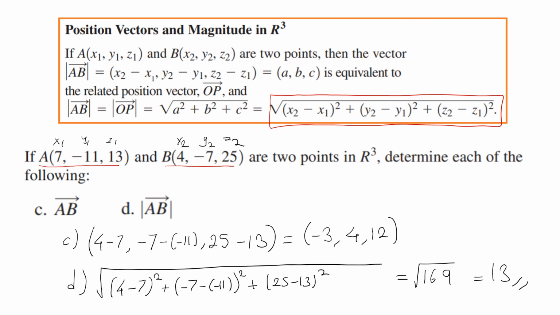Also realize that previously in C, we actually found what x2 minus x1 is, y2 minus y1 is, and z2 minus z1 is. If it's easier, if it's back to back like this, you can directly plug this into here. So you would plug in -3 onto here without dealing with 4 minus 7 again. You will plug in 4 directly over here, and you would plug in 12 directly over here, and all you need to do is square them.